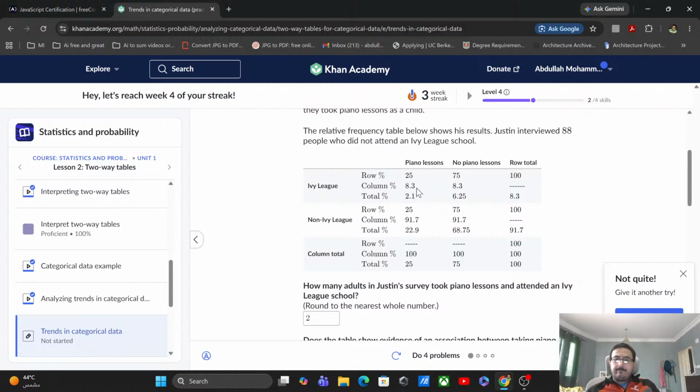Oh my god. Ivy League, column 8.3. 8.3% of the piano lessons were taken. Wait, how is this even possible? Piano lessons, row 25, row percent. Ivy League, this is the row. Piano lessons 25, no piano lessons 75, 100, row.